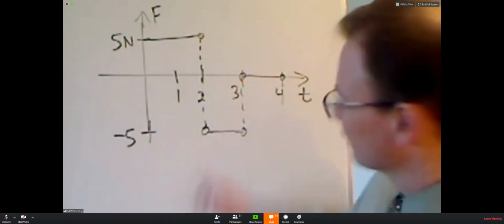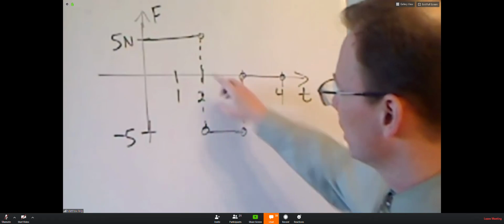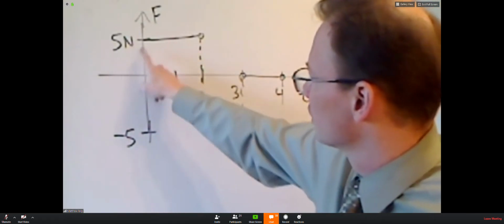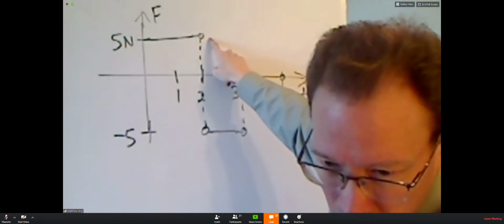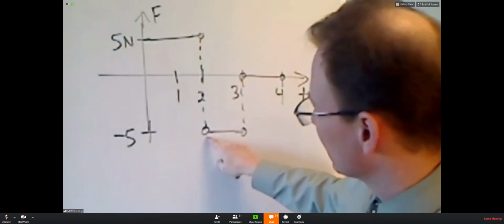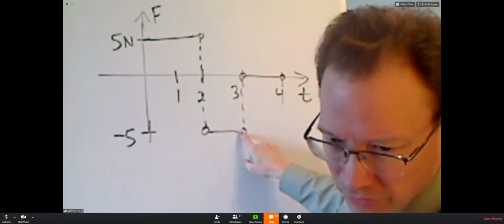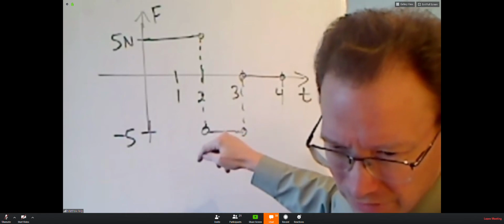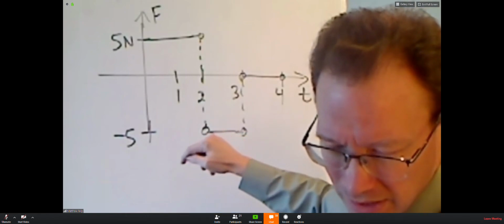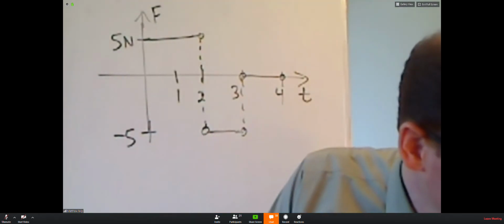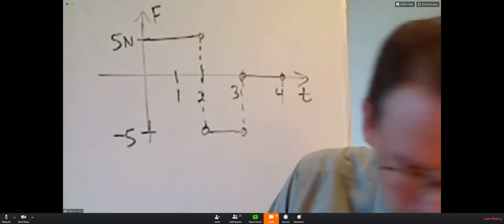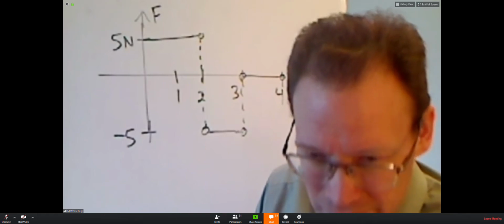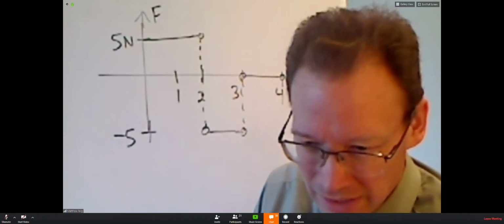So I would just take this graph and I would draw a new one where you stay at 5 newtons from 0 to 20 meters. You stay at negative 5 newtons from 20 meters down to 5. Oh yeah, that is a little strange, isn't it? I think I said something strange.